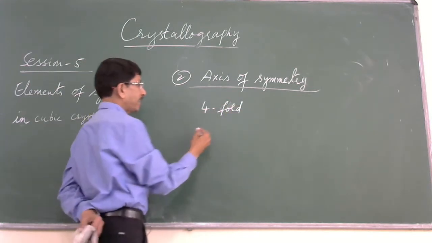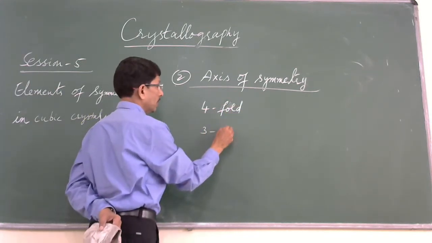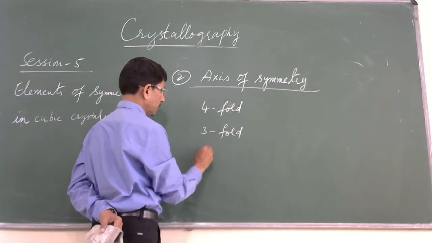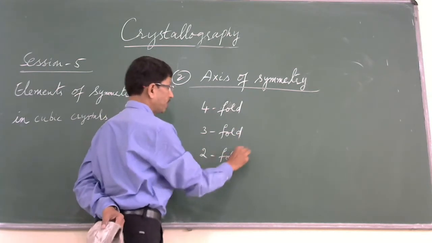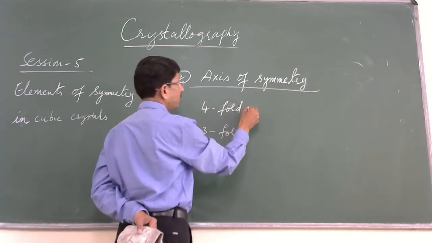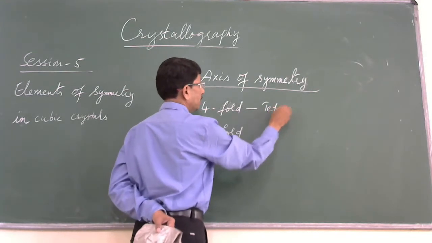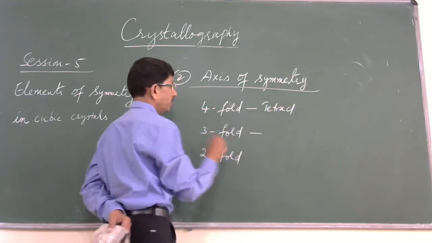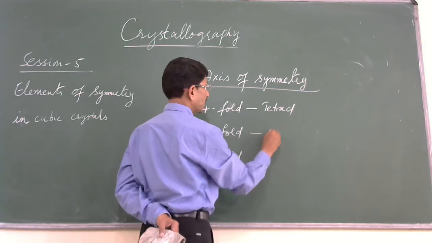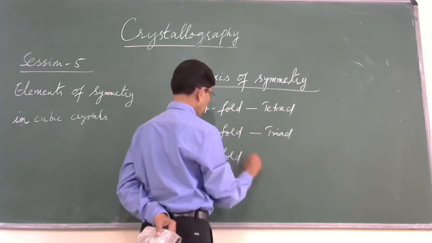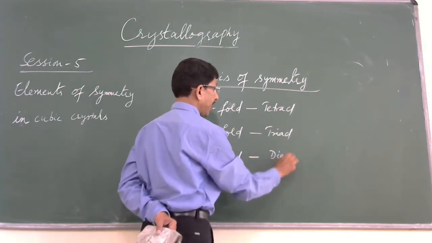One is 4-fold axis of symmetry, 3-fold axis of symmetry, and 2-fold axis of symmetry. This 4-fold axis of symmetry is also called as tetrad. 3-fold axis of symmetry is called as a triad, and 2-fold axis of symmetry is called as dyad.